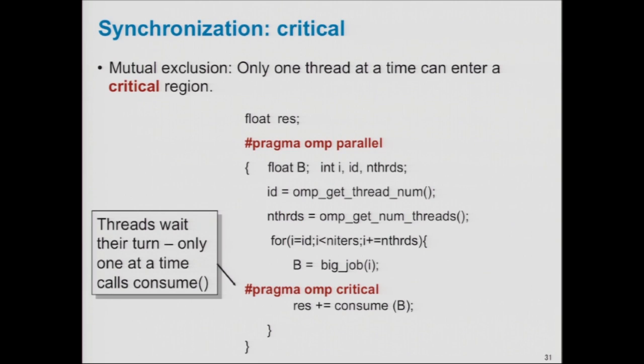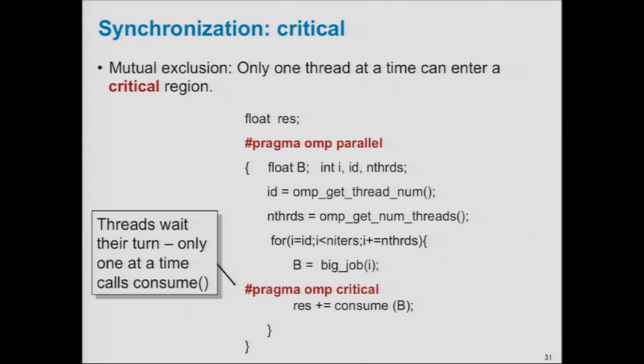One of the most common reasons for using synchronization is to provide mutual exclusion, which means that only one thread is going to be able to access this region of code at a time, and basically access the variables that are being touched in that region of code at a time. That's called a critical region.